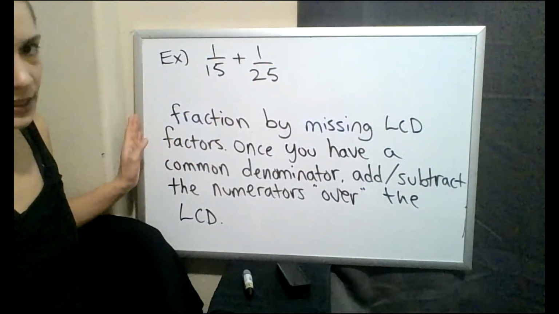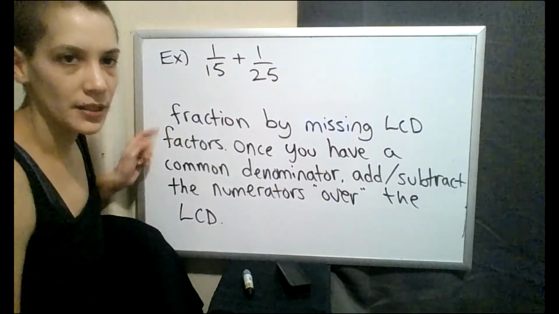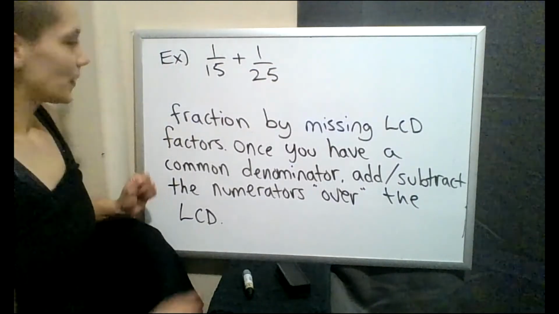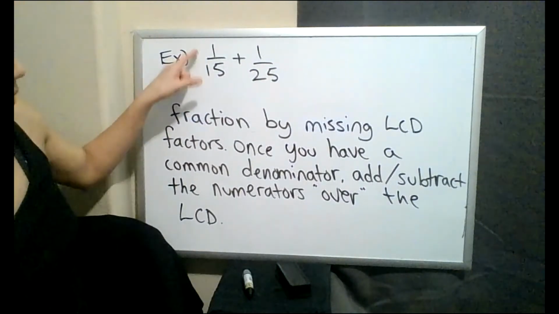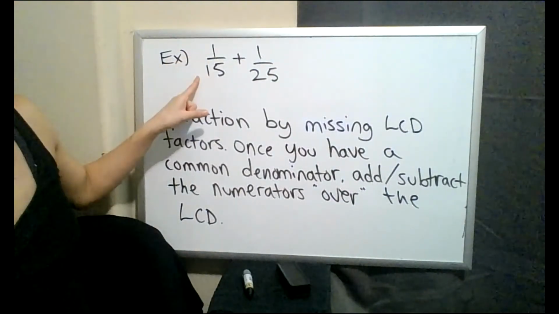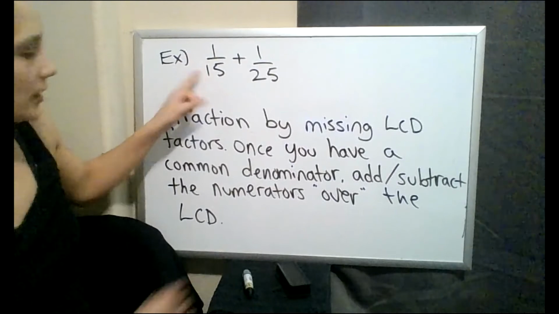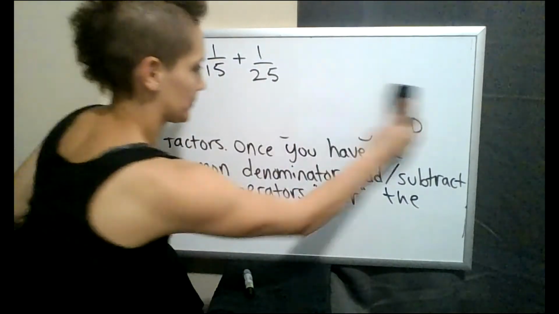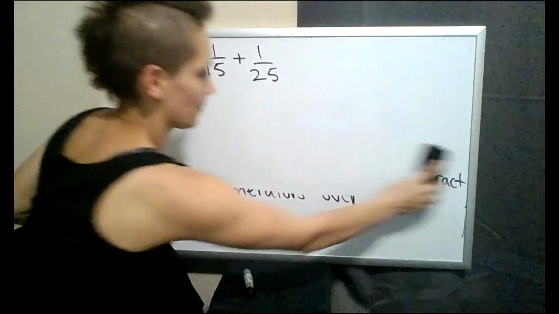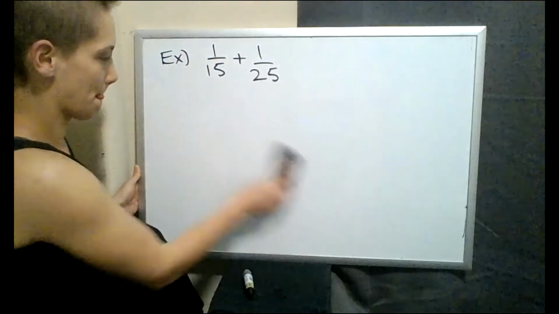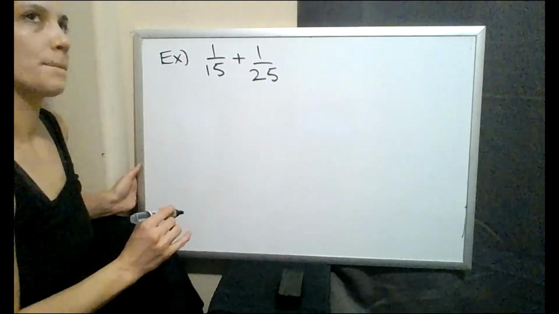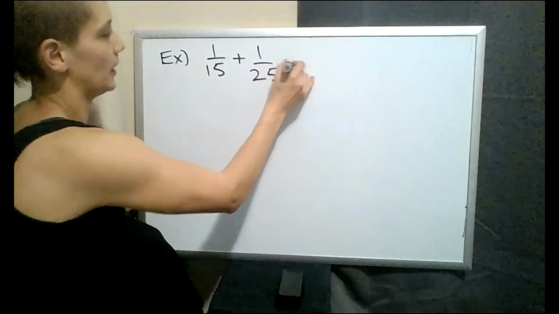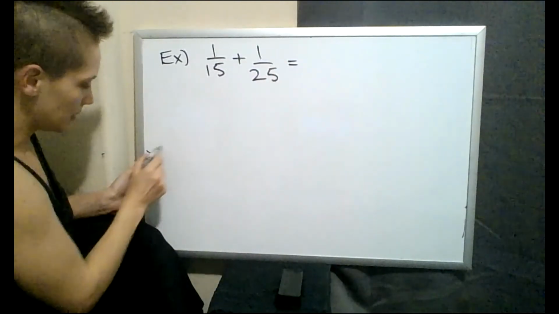Okay, so you have to find the LCD, and then to each fraction, multiply by missing LCD factors to the top and the bottom of the fraction. Okay, let's scratch like this.